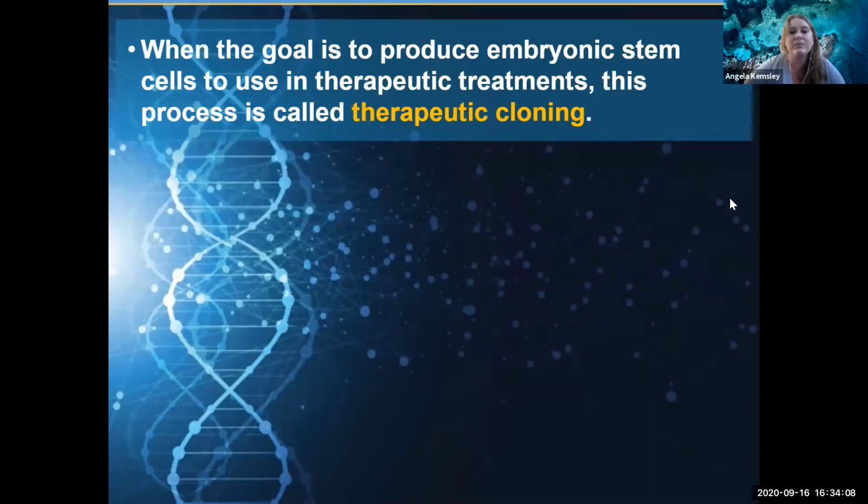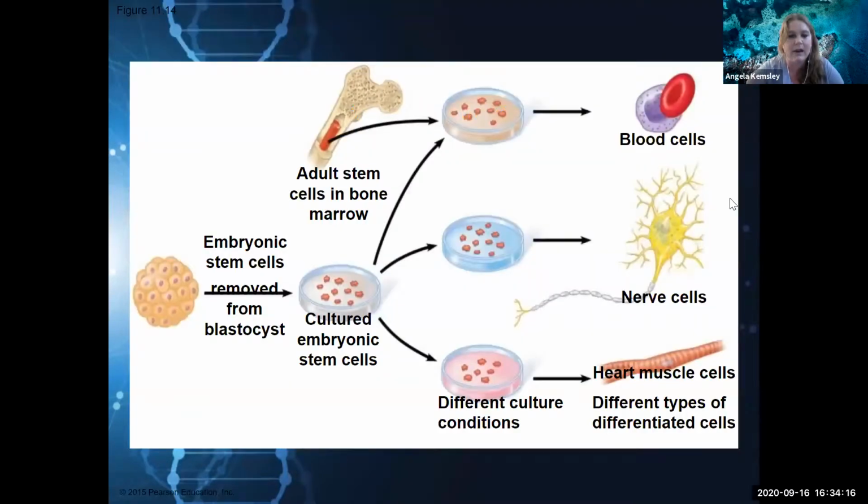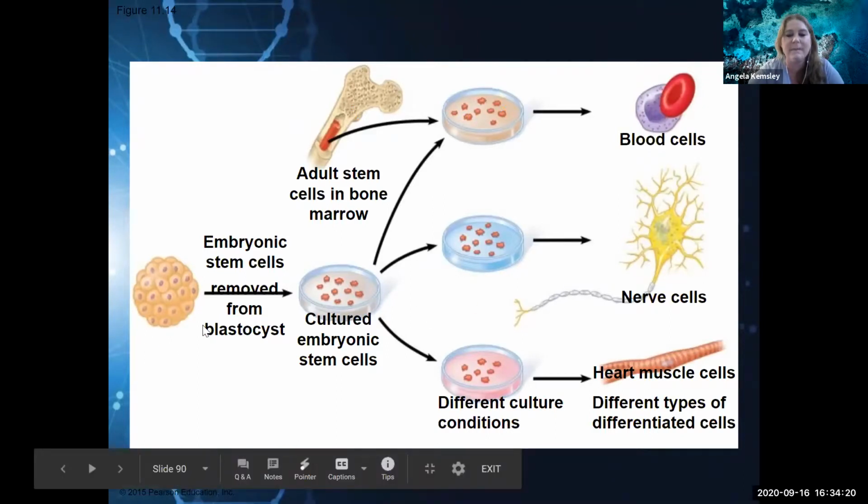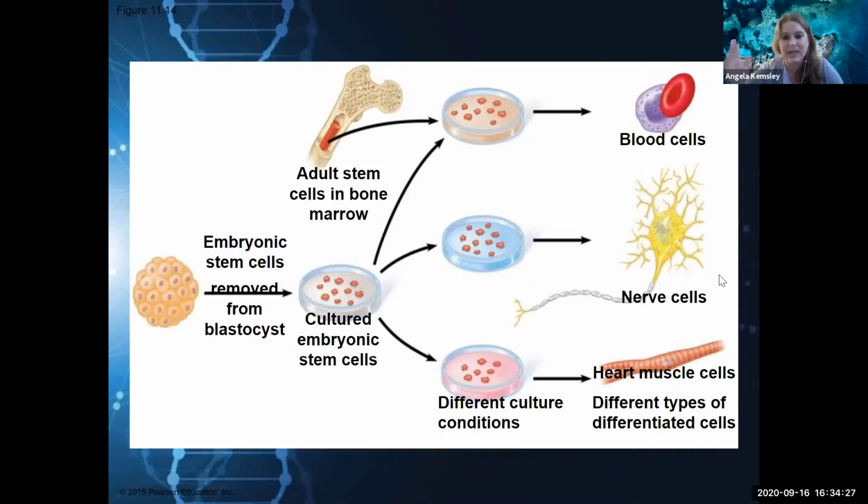Now, when the goal is to produce embryonic stem cells to use in therapeutic treatments, this process is called therapeutic cloning. So the idea here is that we're able to take stem cells from a blastocyst and culture them, and then we can culture them to turn into different types of cells. So we can tell them to turn into blood cells or nerve cells or heart cells or any other types of cells that we need.